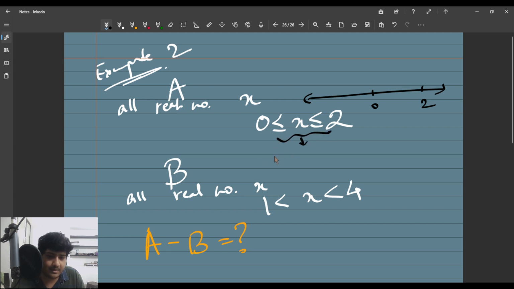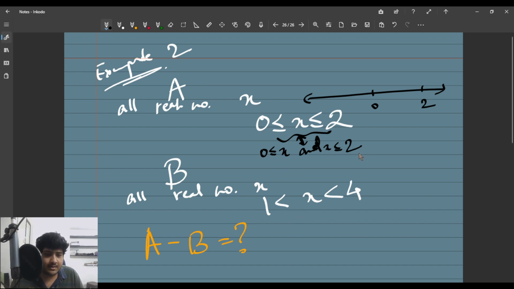We can write it in a different form like this. You can write it as 0 is less than or equal to x and x is less than or equal to 2, right? This is actually written as 0 less than or equal to x less than or equal to 2. So this is the actual condition.